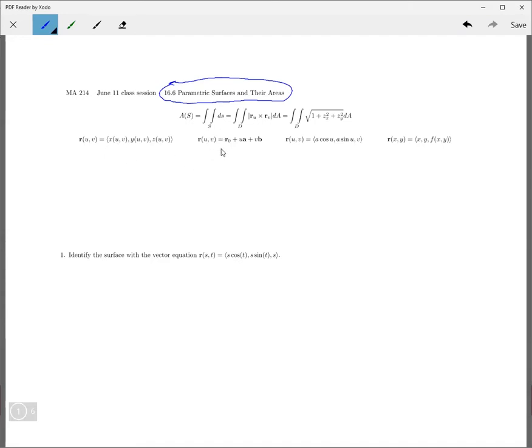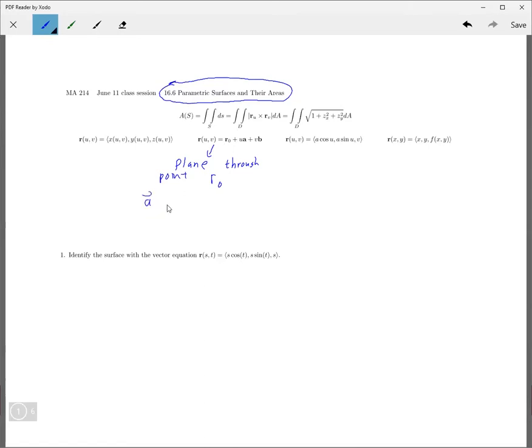So one example, I've put a few examples here. This one right here is going to be a plane. And the plane is going to go through the point R0, through this point right here.